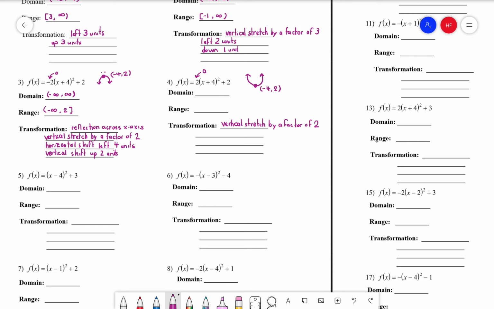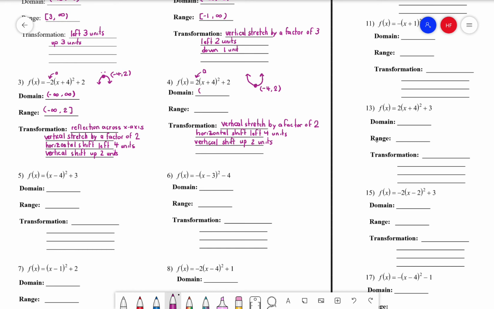Then that plus 4 on the inside is going to be a horizontal shift opposite, so left 4 units. And a vertical shift because of that 2 on the end there, up 2 units. And that's all 3 different things.